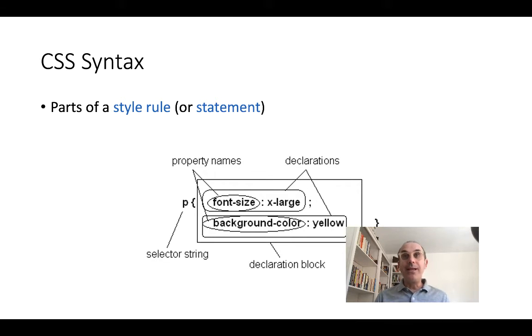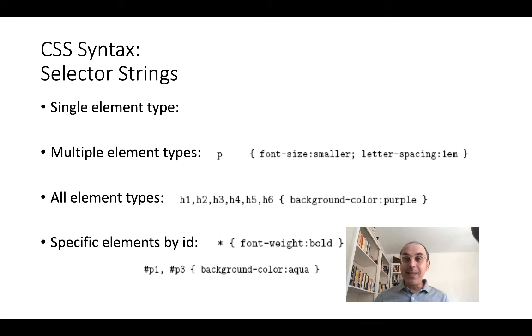The style sheet provides us with proper names, declarations, and the idea of blocking space in order for us to do that. This is the style rule, or statement, that allows us to do that. We can have multiple element types, we can have all element types, and we can provide an ID, for example, to specific items in every single page of our website.